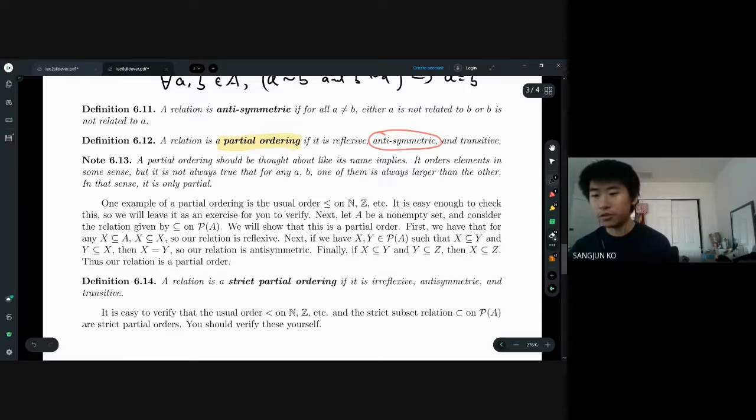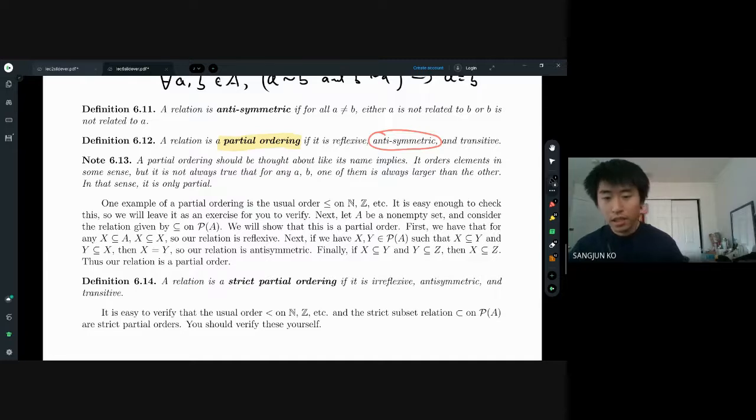The other canonical example that I want to discuss when we discuss partial orderings is the subset relation on the power set of A. We're going to show that this is a partial order. Any subset of A is a subset of itself, so our relation is reflexive.